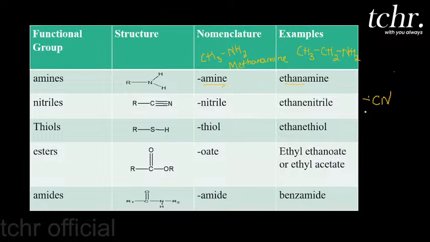When naming nitriles in the prefix, we use the term cyano, whereas we use the term nitrile in the suffix. According to IUPAC, we use the suffix nitrile, or when you are reading textbooks you can find them as cyano compounds as well. CN is otherwise called cyano when you are naming it in a prefix.